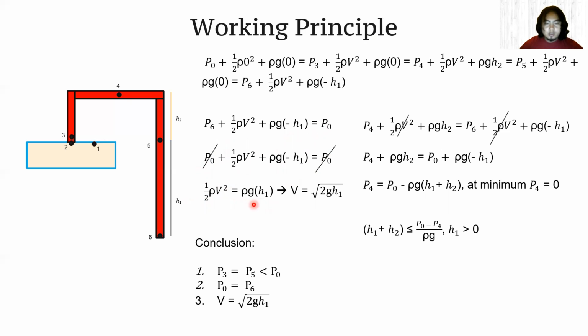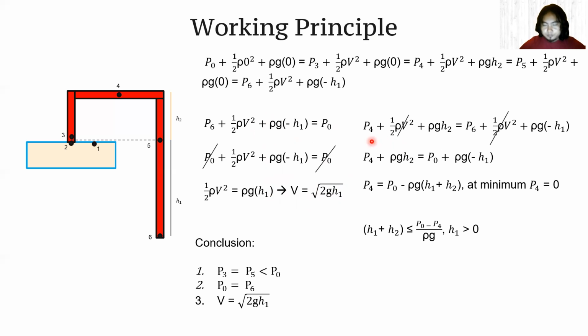So we cancel it out and we have this equation, and from it we can simplify to here. The velocity of the fluid throughout the siphon will be the same as here: V equal to square root of 2gh1.